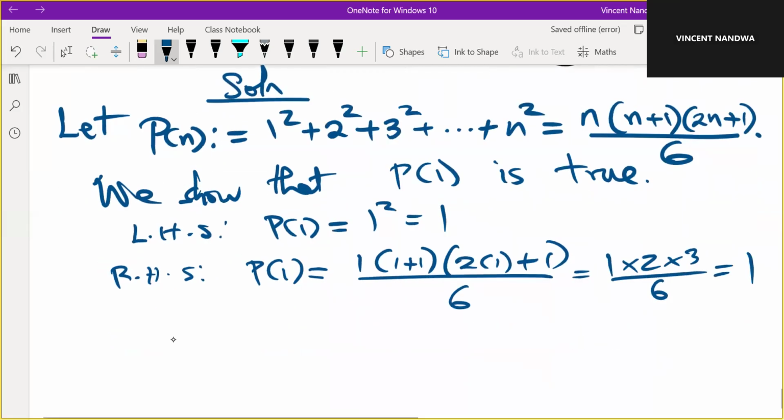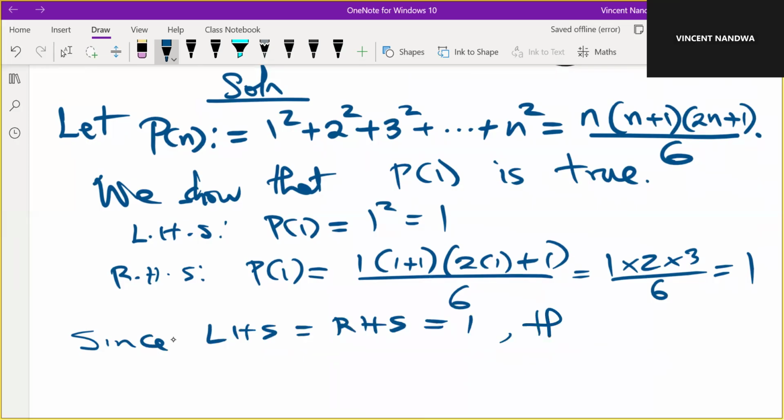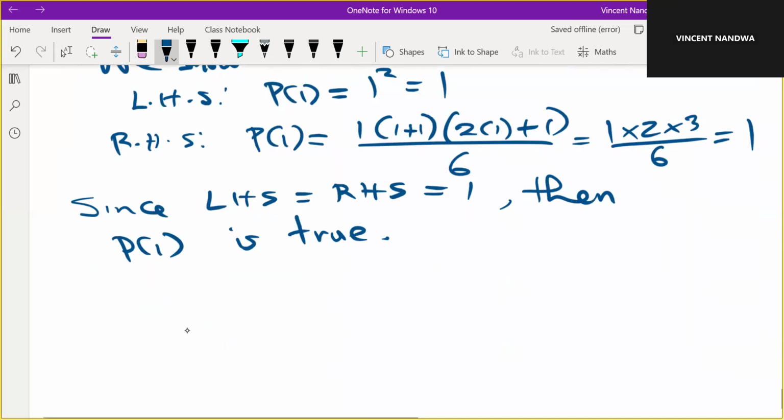So therefore we say, since left-hand side equals right-hand side equals 1, then P of 1 is true. So that's the basic step, okay? So the next thing, we assume that P of k is true.